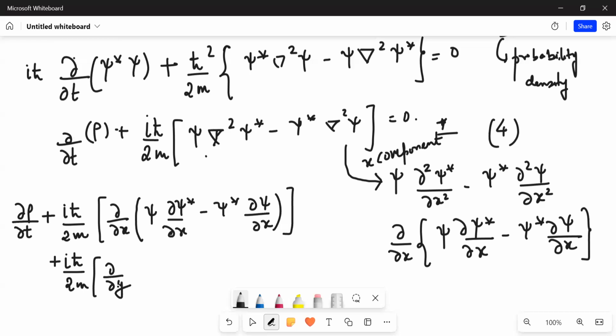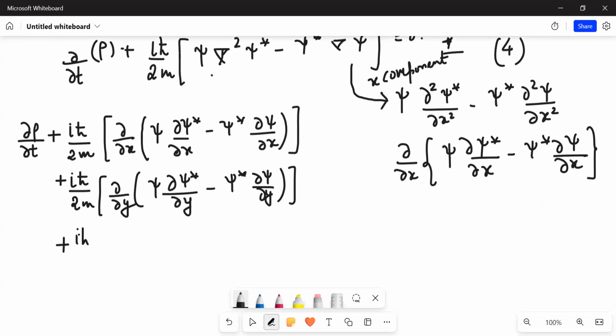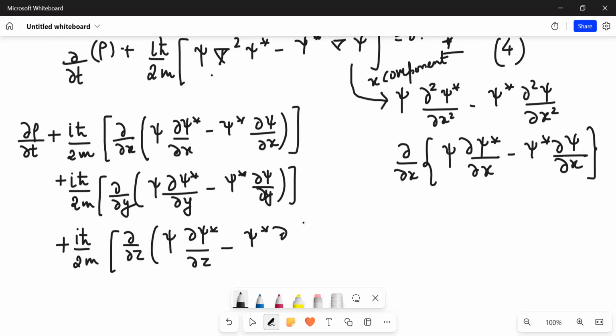You can write the y component, which is del by del y, again psi, and I think the z component also, equals to 0.